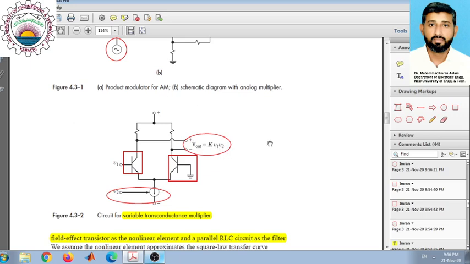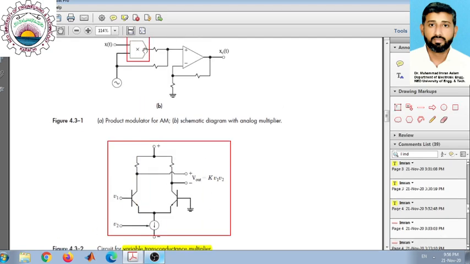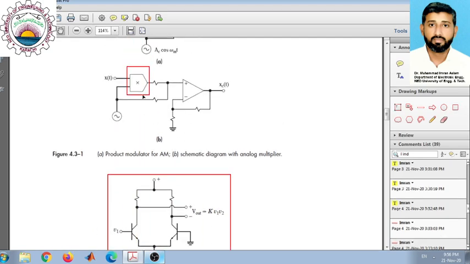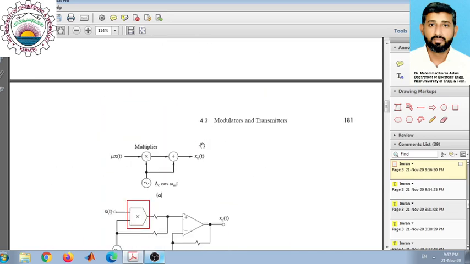This entire circuitry performs the operation of multiplication. So this multiplication block in the block diagram previously has one physical realization, this variable transconductance amplifier, which is illustrated here.